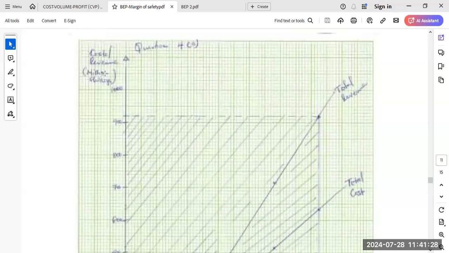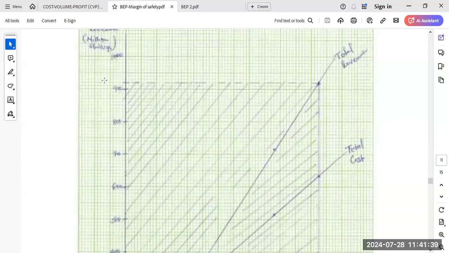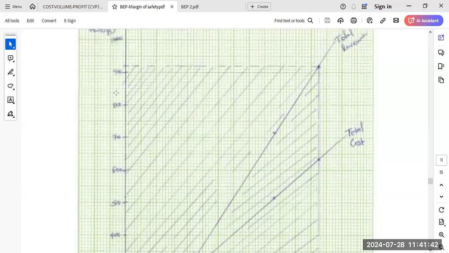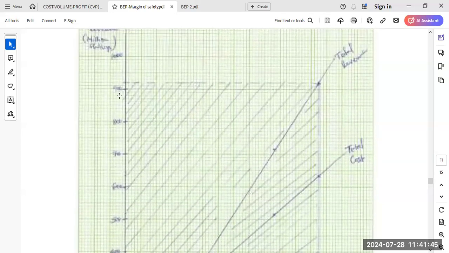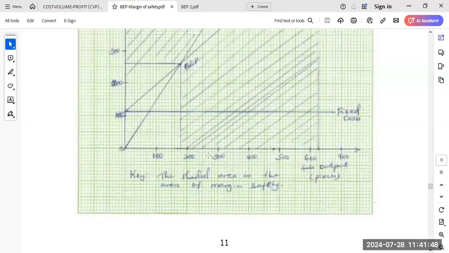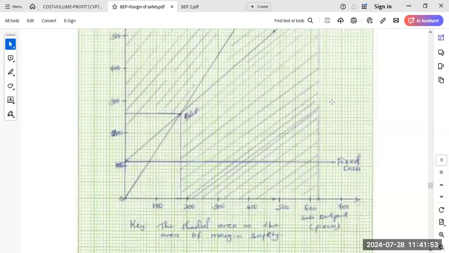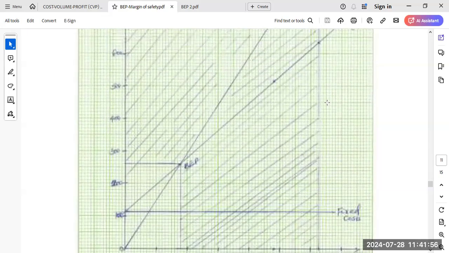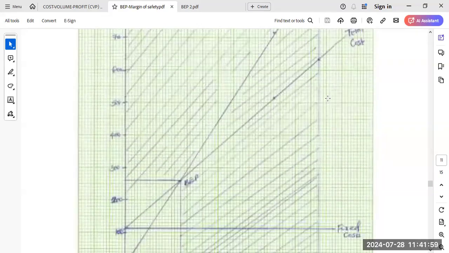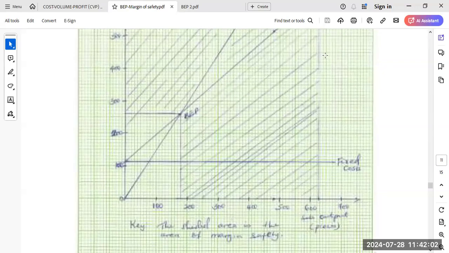Okay? And because those figures are too much, we indicate them here. We put millions in brackets, and these are in our shillings, so that you can ease life. Now, once you get the suitable scale for the vertical and horizontal axes, the starting point should be to stand on your level of output based on the budgeted information.